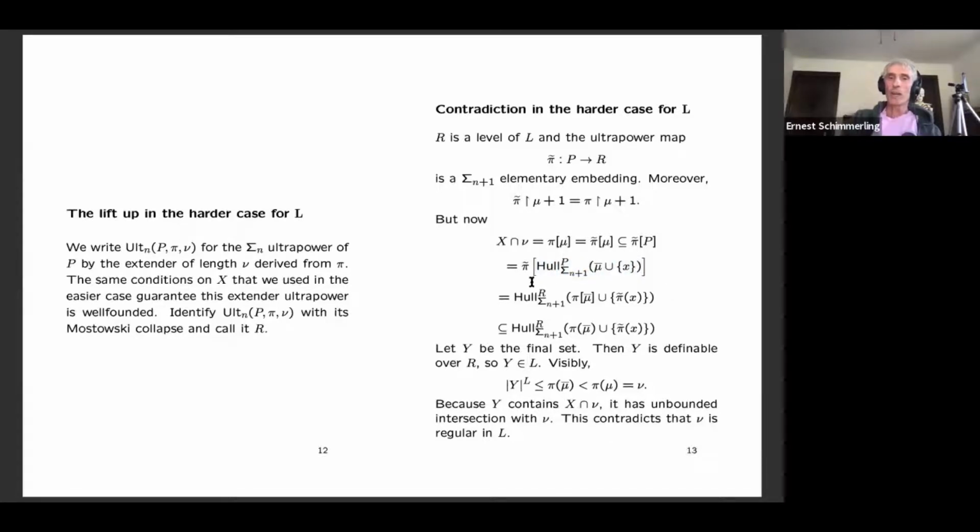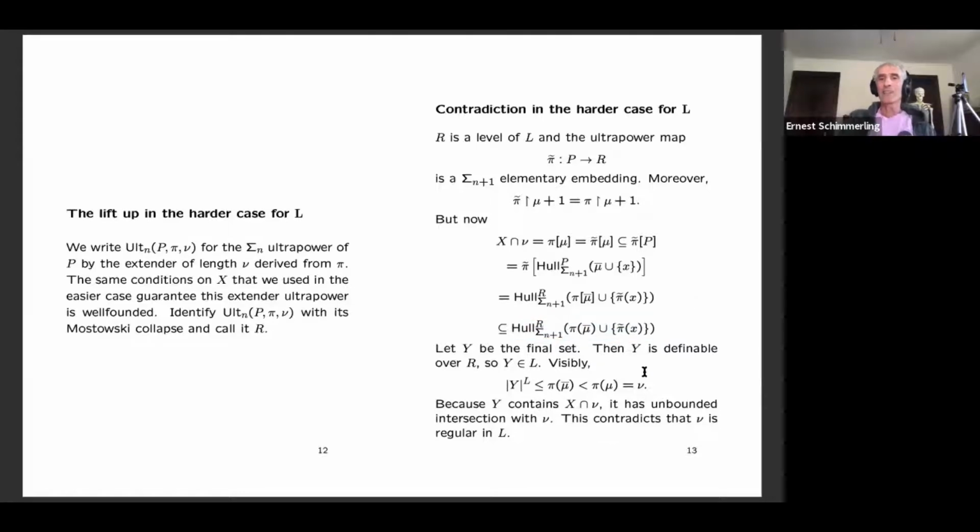And so, pi tilde is sufficiently elementary that when you move things over to R, R is the corresponding hull of the image of mu bar and some parameter, but the image of mu bar is contained in the value of pi at mu bar.